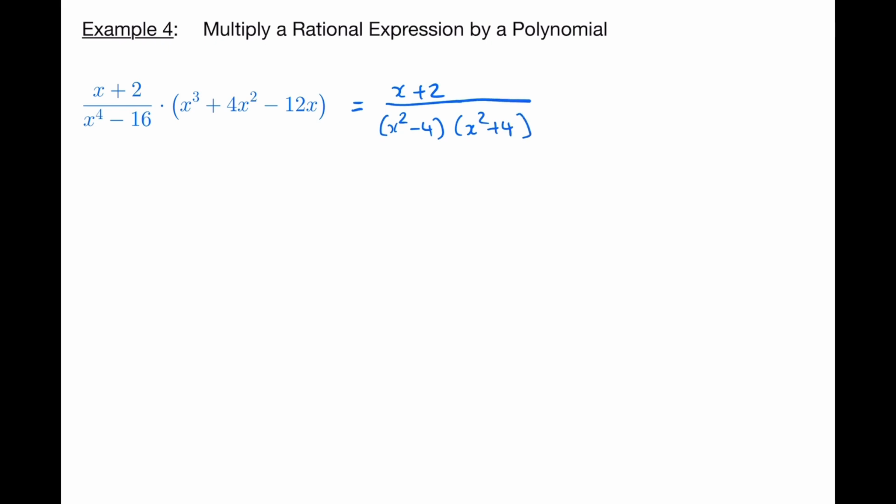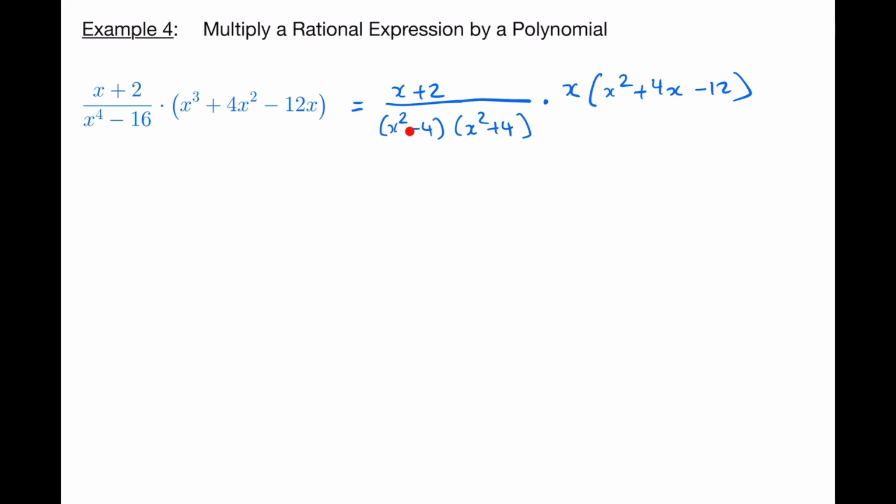Then for this polynomial expression, we'd find the greatest common factor, and that is x, and so we'd factor that out. So we'd say that this is x times x squared plus 4x minus 12. Now we would also need to factor the polynomial inside this parentheses, and we should recognize that we can factor this further.